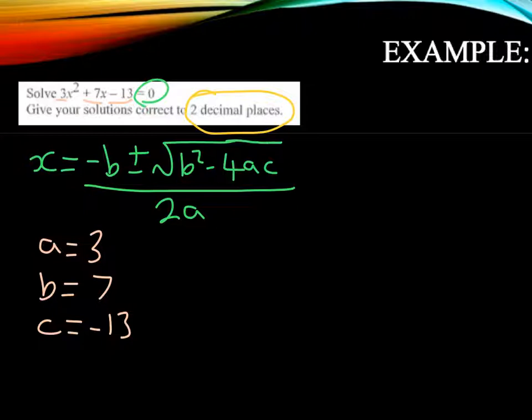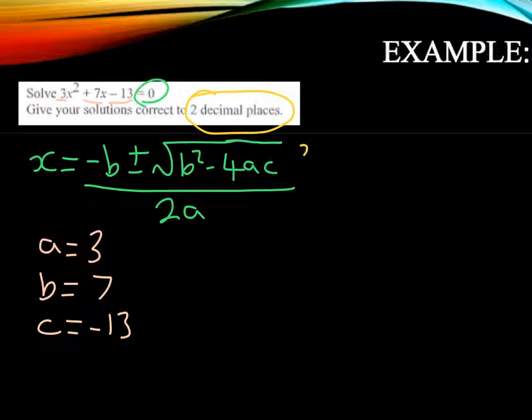Next, I'm going to start substituting values into my quadratic formula. And I'll need a calculator later on to be able to do this, so we'll worry about that later. Okay, so let's start substituting some values into my quadratic formula then.